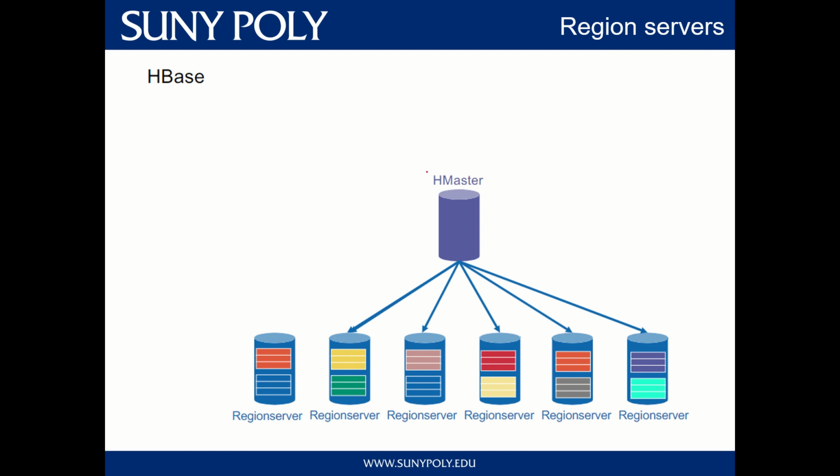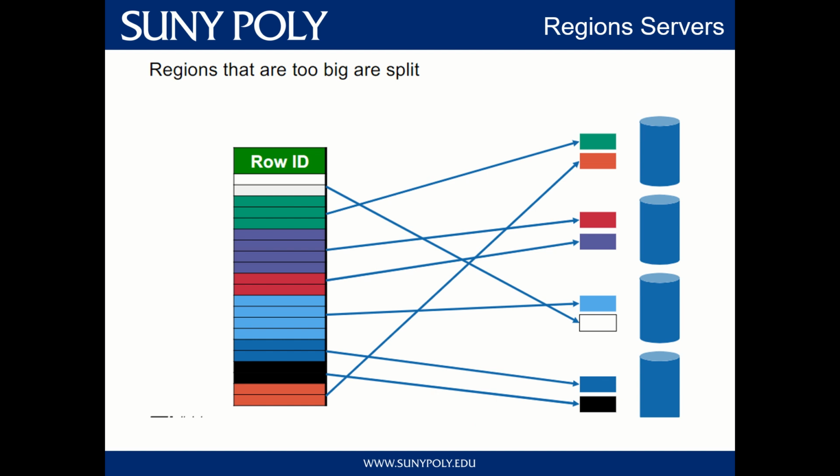So this is the representation. It's very similar to when we were talking about HDFS. Here we have an HMaster, right? And then we split data in the region servers. The idea is that information from the same region is going to be together. Let me show you a different representation.